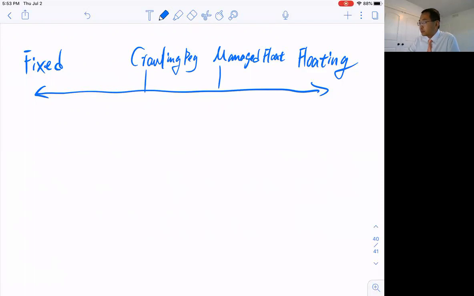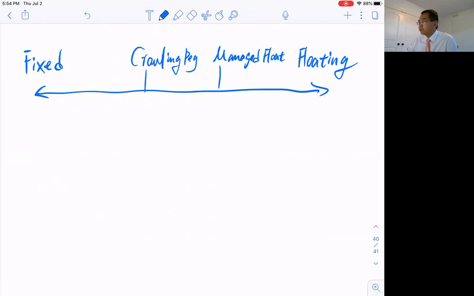Now, in choosing an exchange rate system, a nation must decide whether to allow its currency to be determined by market forces, so that's the floating end, or to be fixed or pegged against some standard of value. The standard value can be a major currency, a bundle of currencies, or gold, but there's something else that you want to anchor your currency's value against.